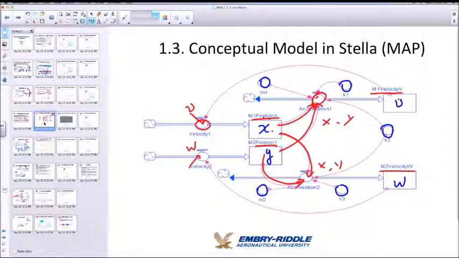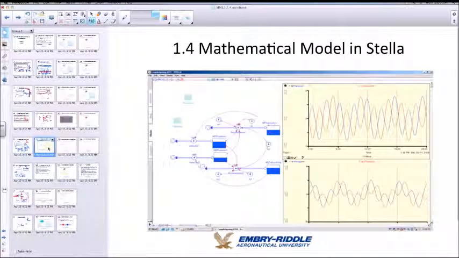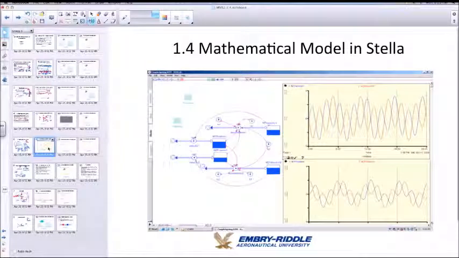And when you run the model, what do you get? It's not a surprise, because in the model we don't have any resistance or damping. You get two harmonic motions superimposed on each other. And if you add two sine waves or two cosine waves with different frequencies, this is what you get.